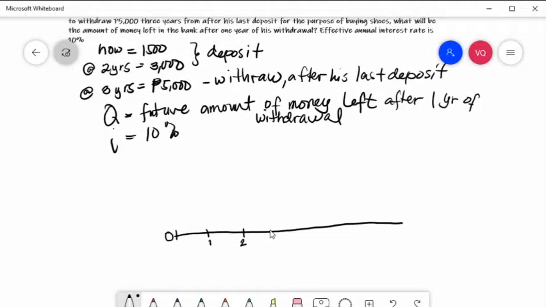So we have 1, 2, 3. And then the future amount of money left after 1 year of his withdrawal. So 1 year after was 2, 6.